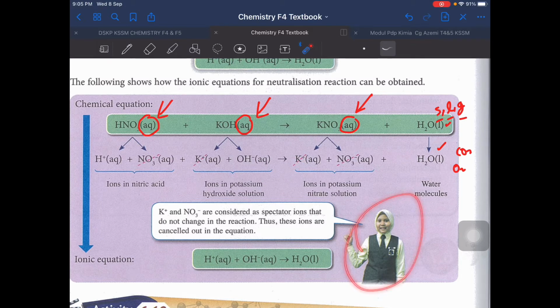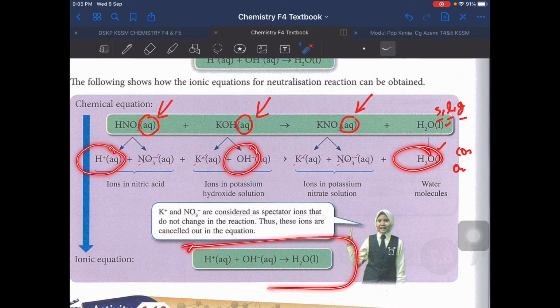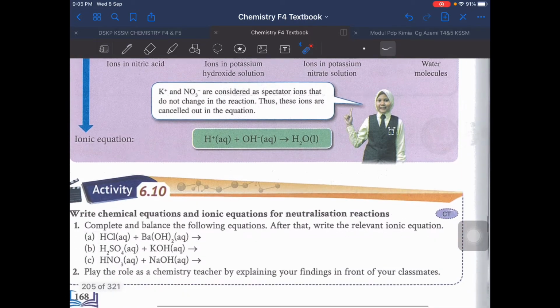Potassium and nitrate are considered spectator ions that do not change in the reaction. They do not change, so we call them spectator ions. Thus, these ions are cancelled out in the equation. What remains is H plus and OH minus forming water. This is the ionic equation for all neutralization reactions.